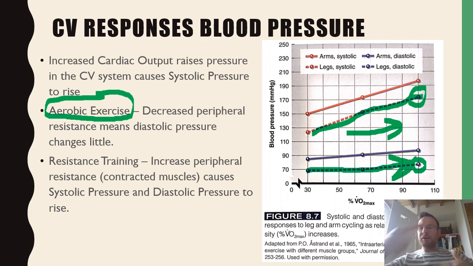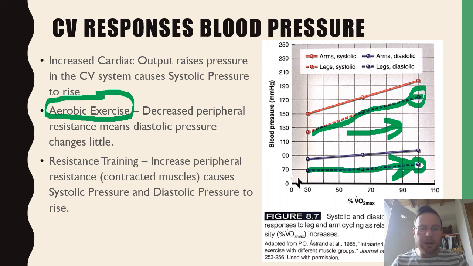Where they're moving constantly, they're not resisting blood flow, so blood flow can get through quite nicely and come back very easily. So cardiac output increases, causing systolic pressure to rise, but because there's very little peripheral resistance, the diastolic pressure rises, but not by that much.